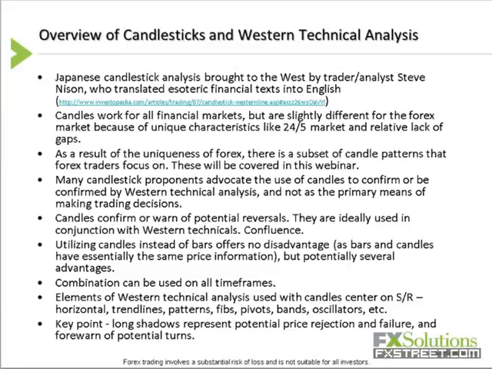Now, the elements of Western technical analysis that I use all center, as I mentioned, on support and resistance. Most of the main elements of technical analysis that I use center upon support and resistance. So we talk about horizontal support and resistance lines. We talk about trend lines, which are also support and resistance.